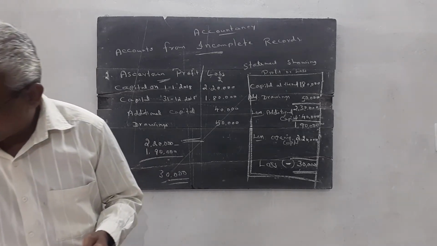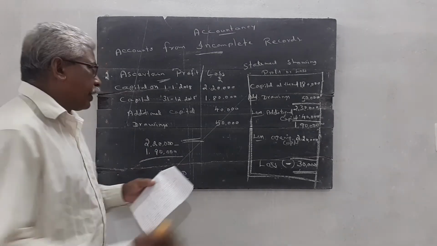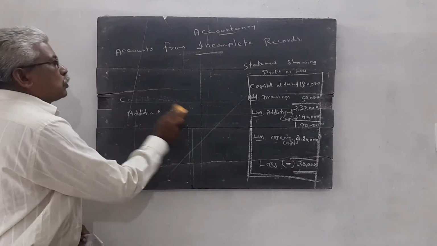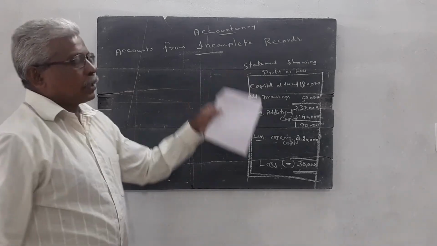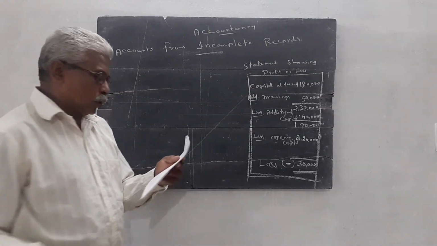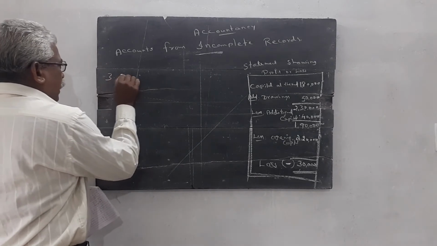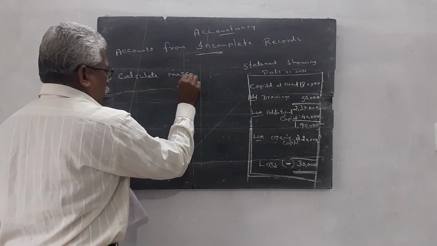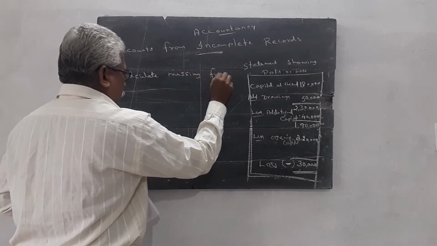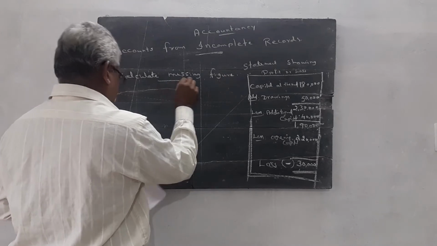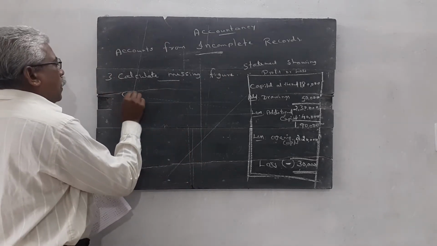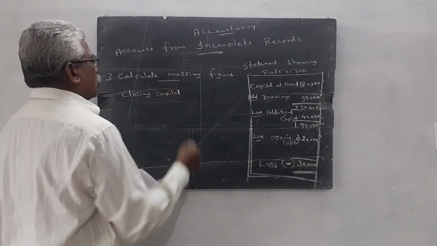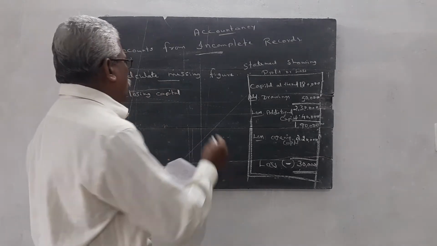Then question number 3. Here, question number 3, ascertain missing figure. In the previous questions, we calculated the profit or loss, but in this question, calculate the missing figure. This question is given in page number 32.